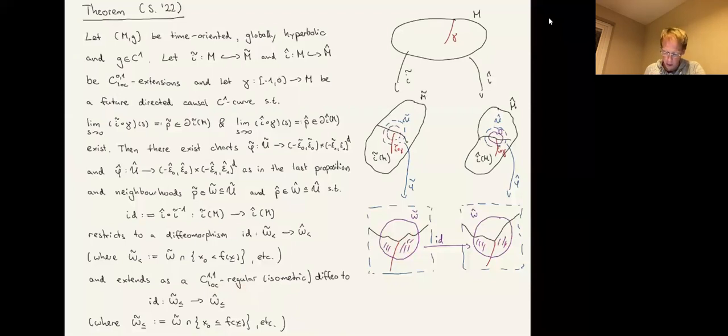So it extends to a C1,1 log regular function from here to here. And since below the graph it's the identification map, just by continuity it of course extends to an isometry to the boundary, but in general not as an isometry to above the boundary.